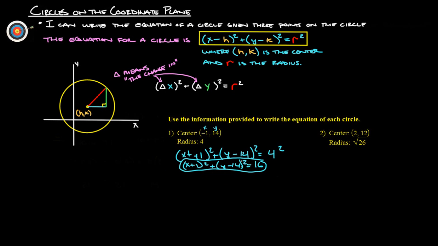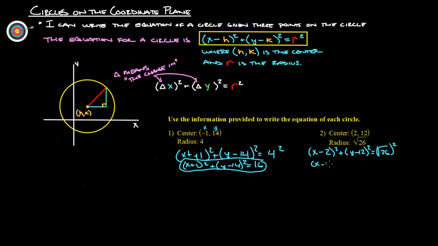I just rewrote this up here, same exact stuff. I squeezed it up here because I forgot I had some more stuff I'm putting underneath. All right, number 2, center is (2, 12), radius is root 26, so it's going to be (x - 2)^2 + (y - 12)^2 = (square root of 26)^2.